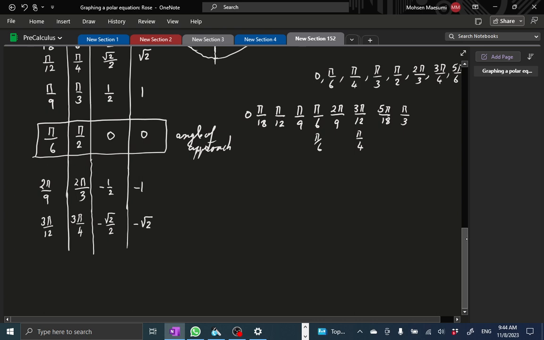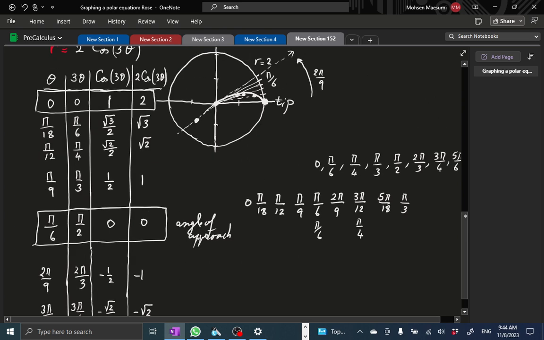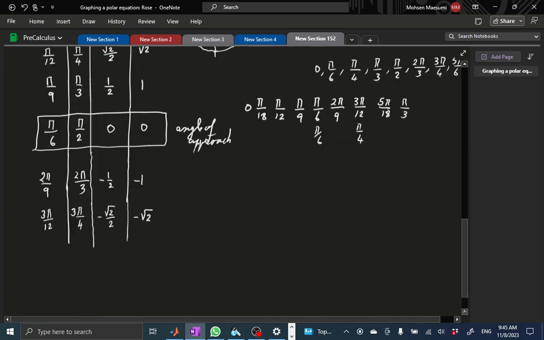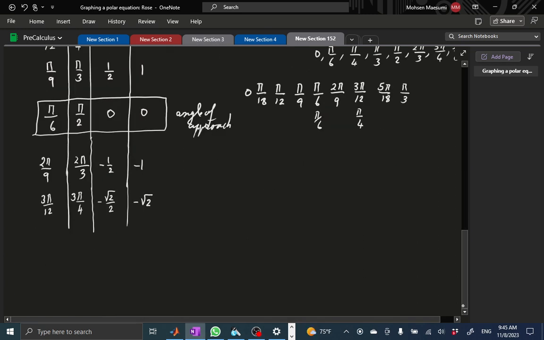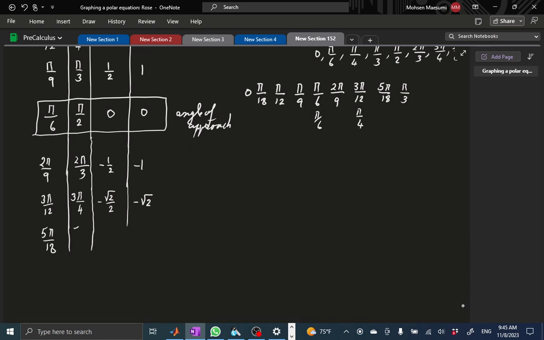So at pi over 4 we are going to be at minus radical 2. We continue going. Let's pick some other points quickly. 5 pi over 18. We triple that, it becomes 5 pi over 6. Cosine of that will be minus radical 3 over 2. Double that will be minus radical 3. So that is where we are going to be.